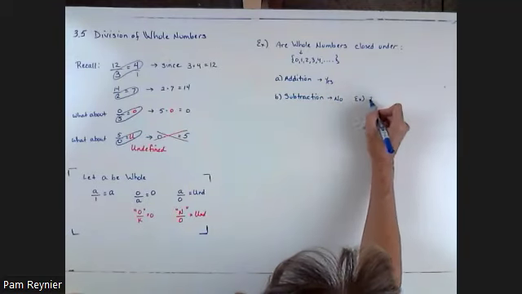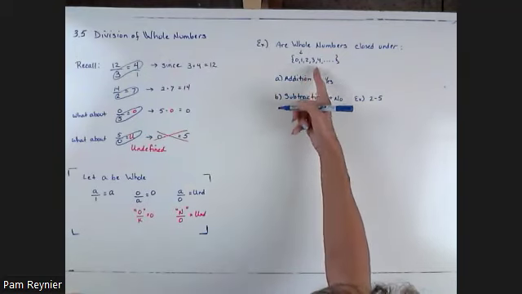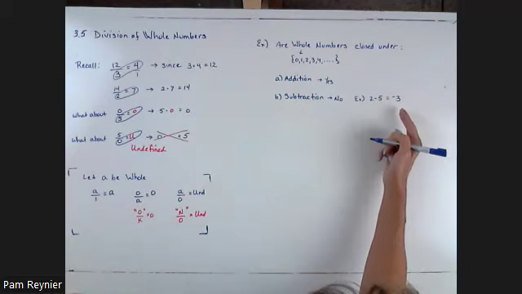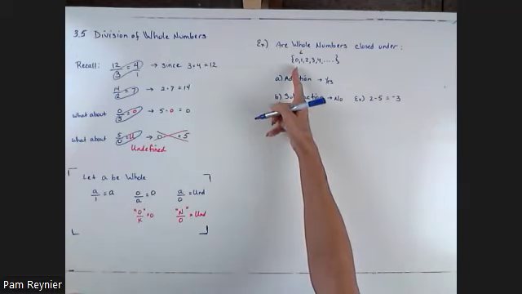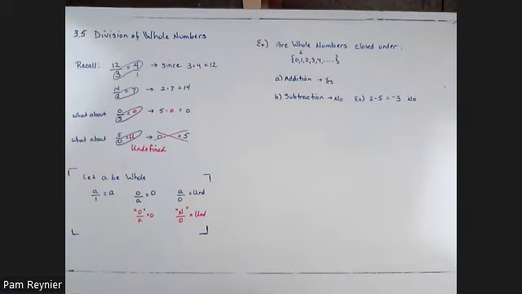I'm going to start with 2 minus 5. If I take 2, which is in the set, and I take 5, which is in the set, and I subtract them, I get -3. -3 is not in the set. So that's a false statement. Since that's false, the entire assumption that it's closed is false.